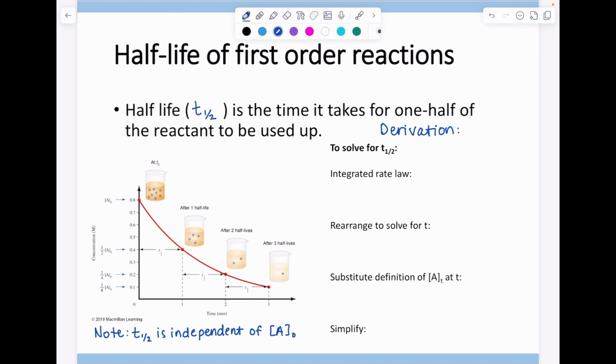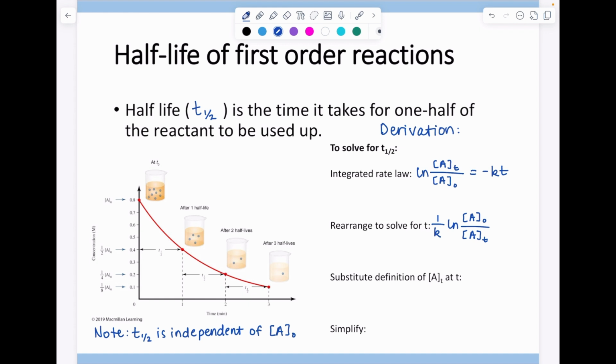We're going to start with the integrated rate law, so the natural log of concentration of A at time t divided by concentration of A at time 0, so initial concentration, is equal to negative K times T. If you divide both sides by negative K, that would allow us to solve for T. We'd have 1 over K times the natural log of concentration of A at time 0 over concentration of A at time t.